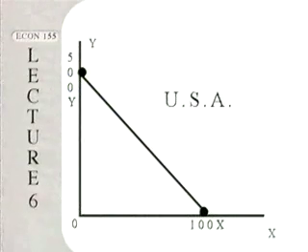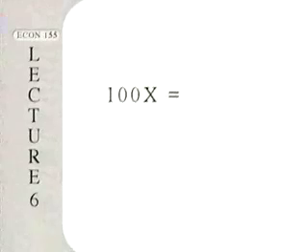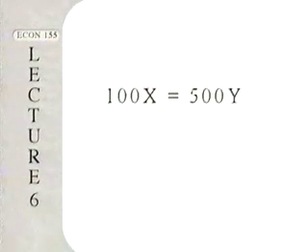So we have two goods, and the United States, with all of its resources, can produce 100 units of X or it can produce 500 units of Y. Let's write down a little formula here. With all of our resources, 100X, or, and I'm putting an equal sign here, with the same amount of resources, we could also produce 500 units of Y.